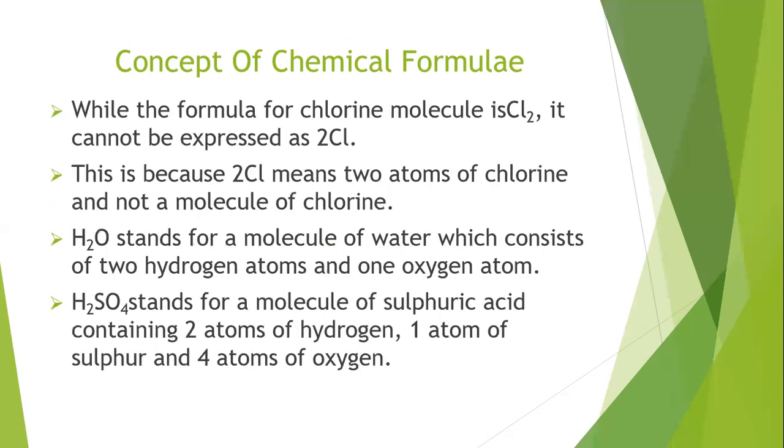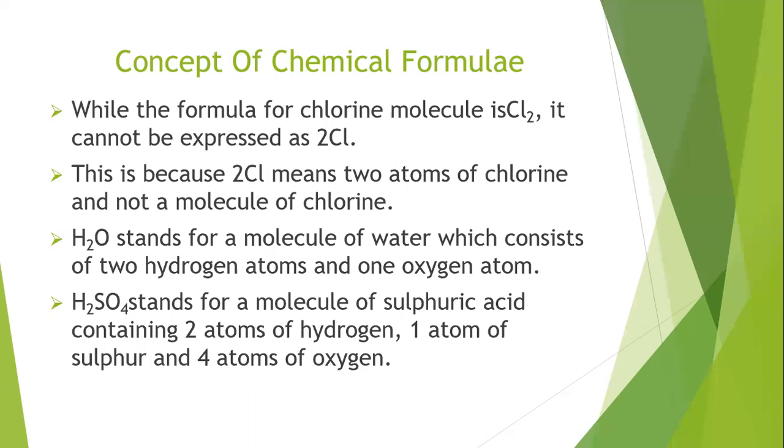Now, the formula for a chlorine molecule is Cl2. It cannot be expressed as 2Cl, because that means you are changing the position of the 2, before the Cl and after the Cl.